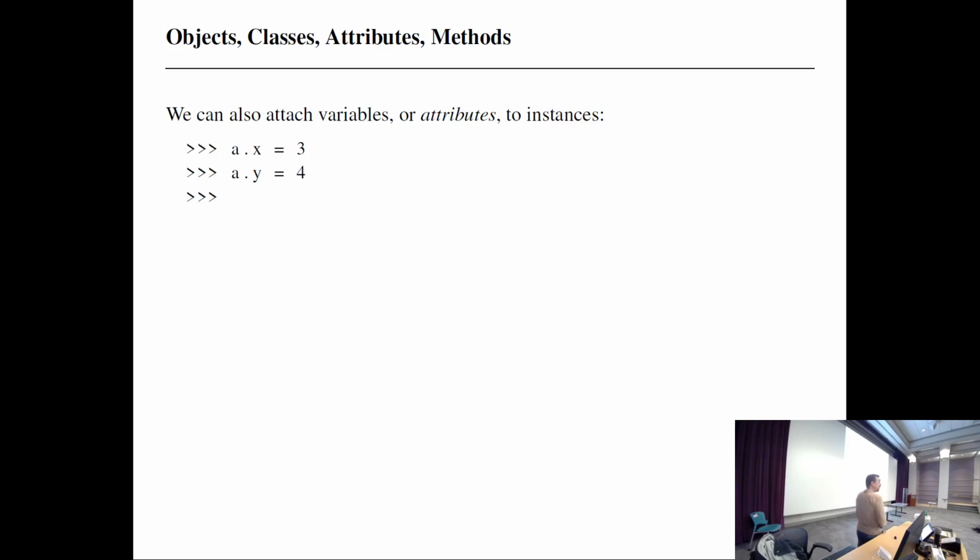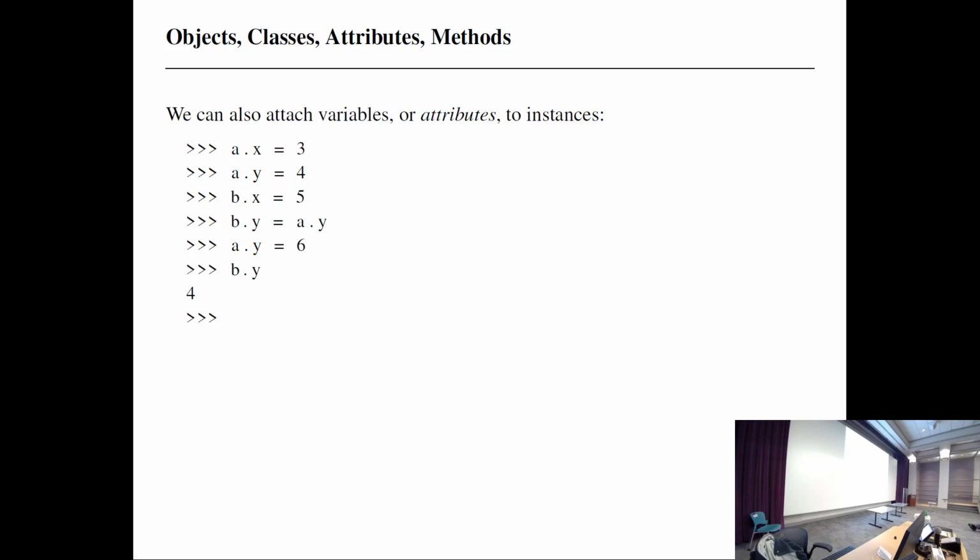I can associate a variable called y with A. I can associate a variable x with B, and a variable y with B, and I can set it to be the same as a.y. These are just variables, just like you've used up to now. The only difference is the dot notation: the thing that comes first is the instance with which I'm associating these variables. Every instance of every class can have its own set of variables associated with it.